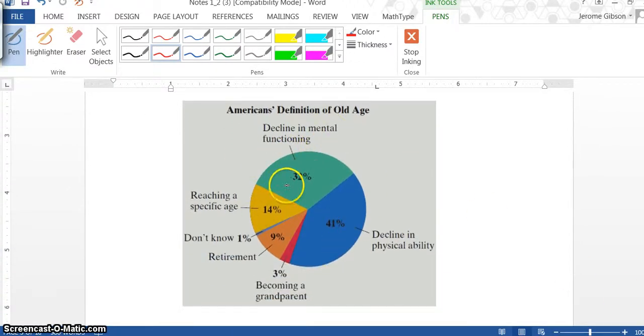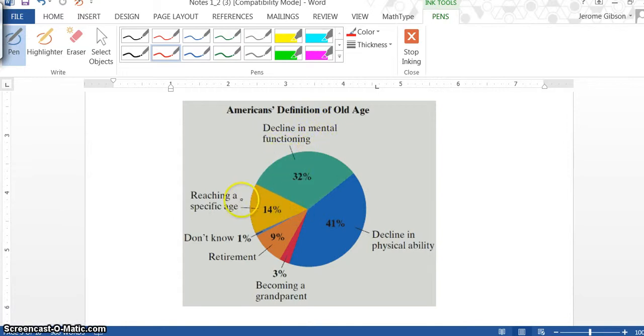Okay, this is the pie chart. It says 32%, which is a much larger piece of this circle compared to this 9% or 3%. You notice that 41% is the largest, then 32, 14, 9, 3, and 1. It's proportional to their percentage.